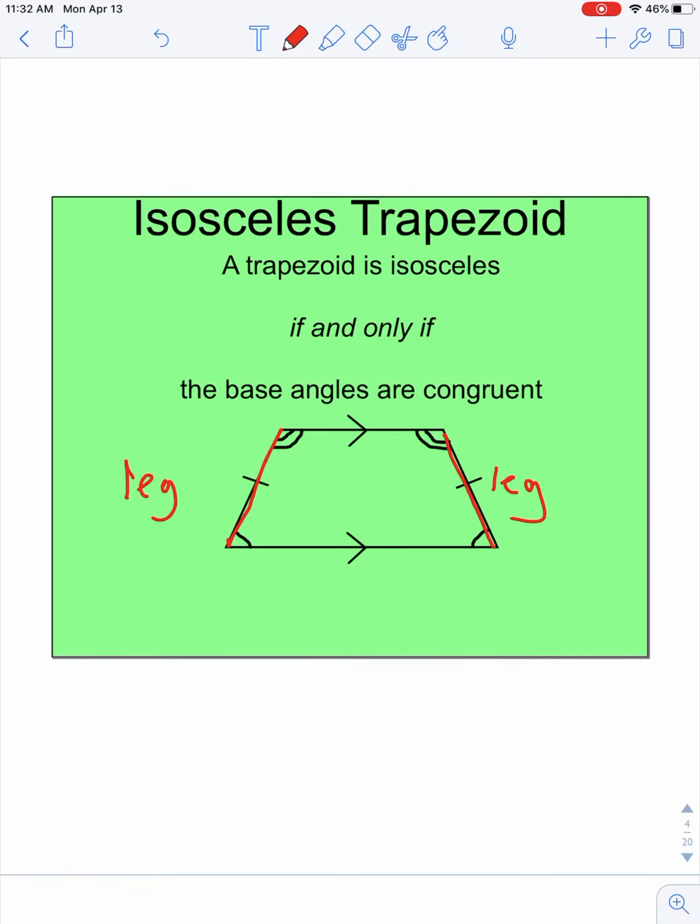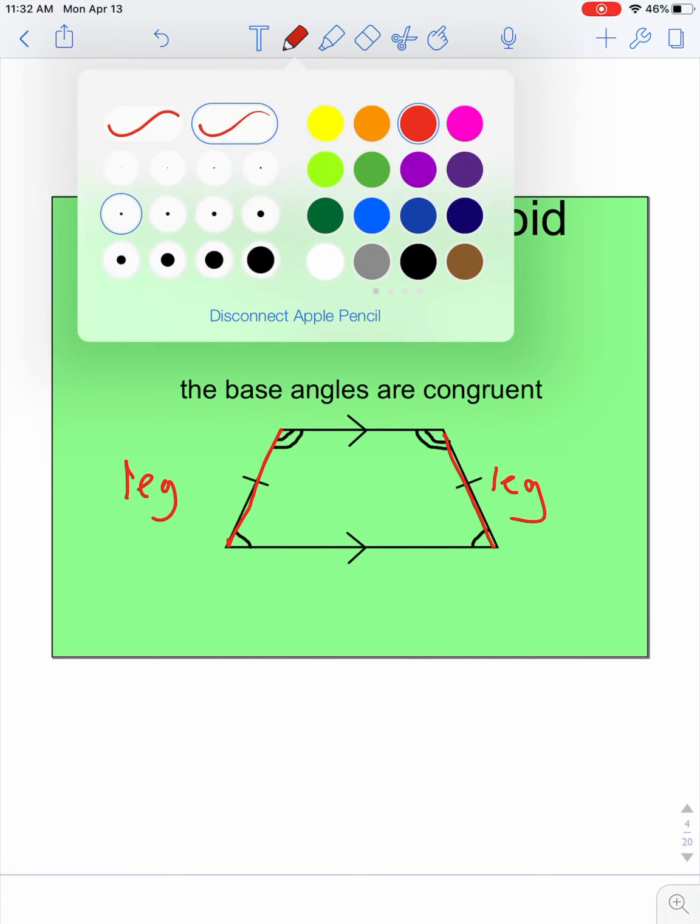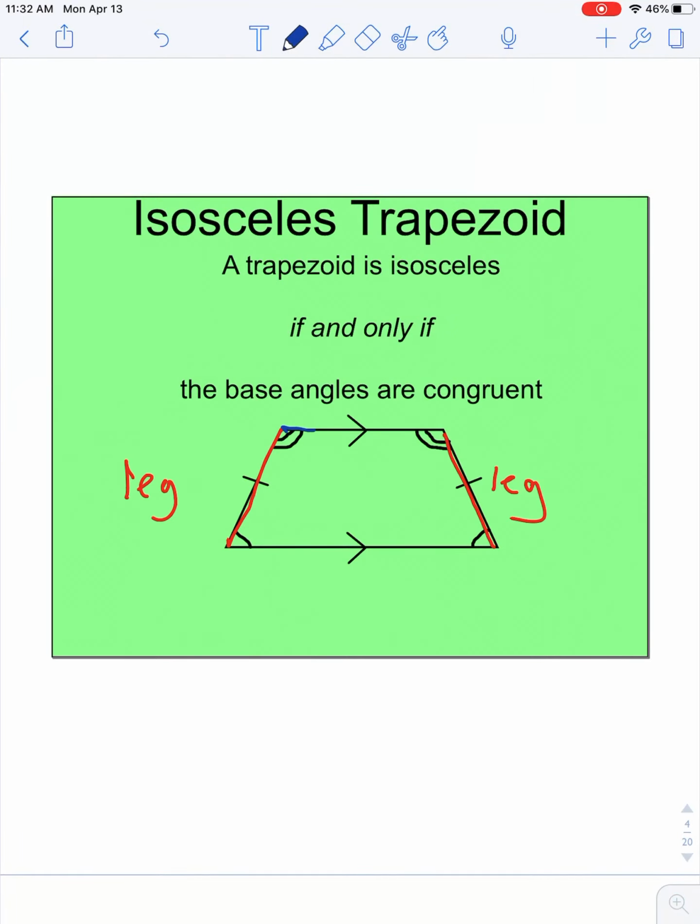And here we're saying, hey, it's going to be an isosceles trapezoid also if and only if the base angles are congruent. So again, remember, these are our bases. And this is similar to what we learned with isosceles triangles.